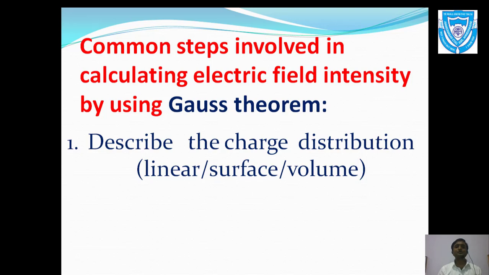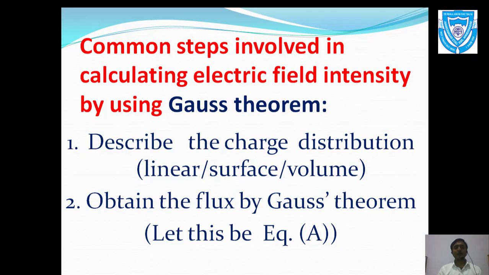This charge distribution can be linear, surface or volume. Linear means charge upon length. Surface means charge upon area. Volume means charge upon volume. According to the surfaces, there will be linear, surface or volume charge distribution.